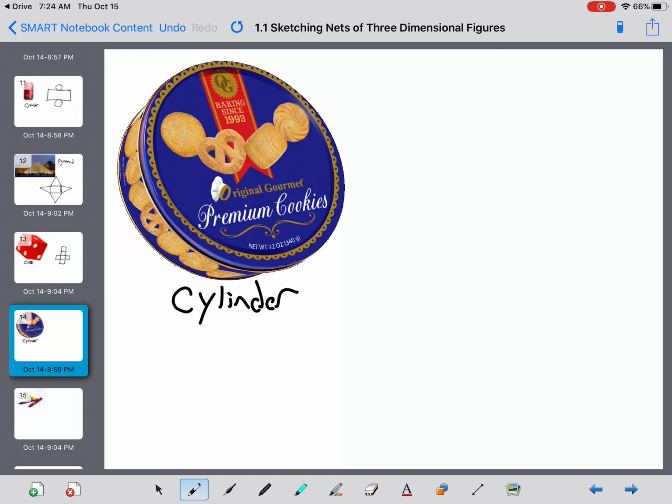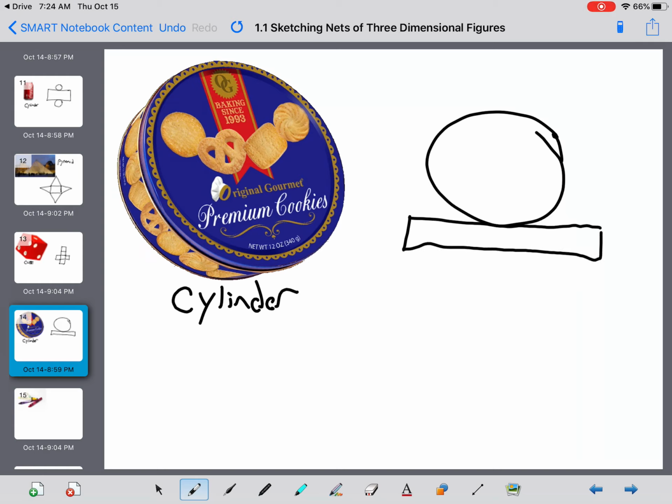So I'm going to have a much larger circle followed by a much thinner rectangle and followed again by a large circle. And you can make fun of me, that's okay, because my circles are horrendous.